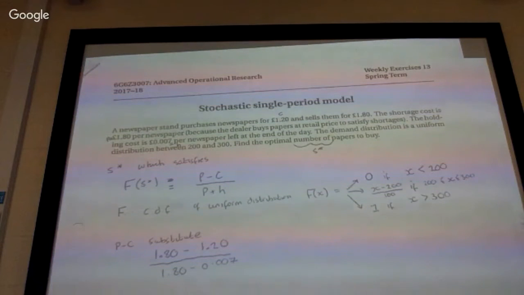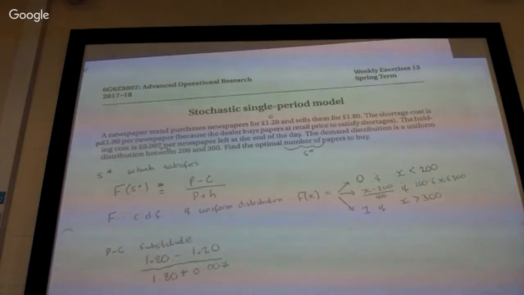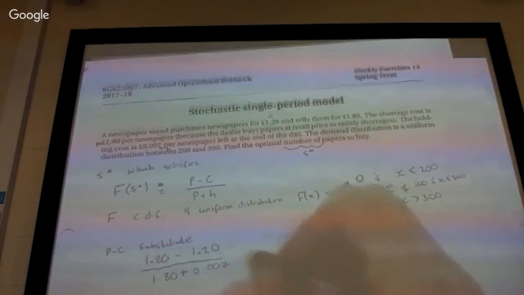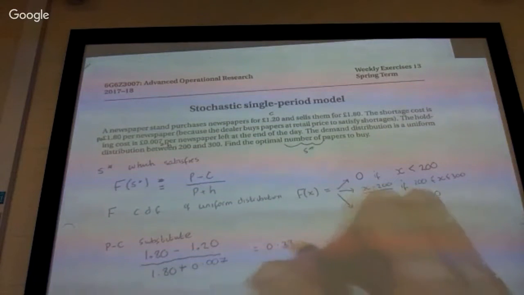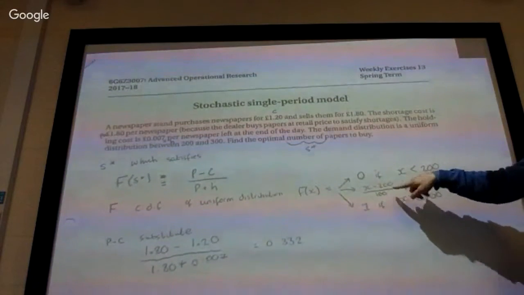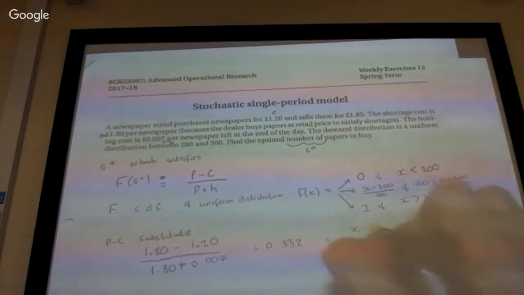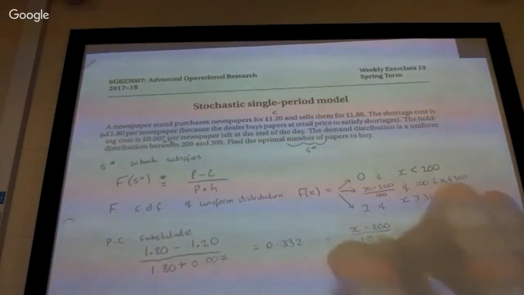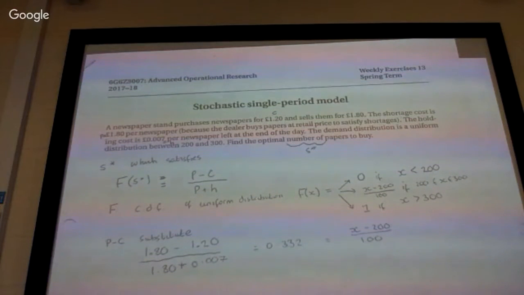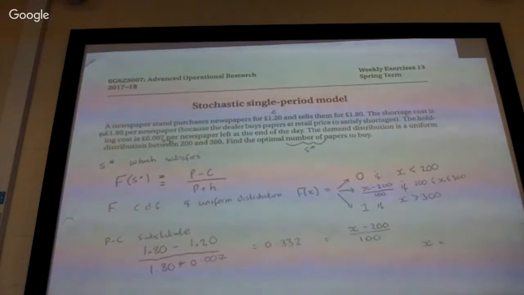P plus H. So you get 0.332. Now you want x such that this fraction is equal to this, so 0.332 equals x minus 200 over 100. Solving this, rather than x, write S star, you get 532. So that's the value of S star.